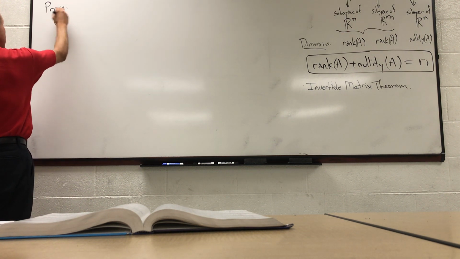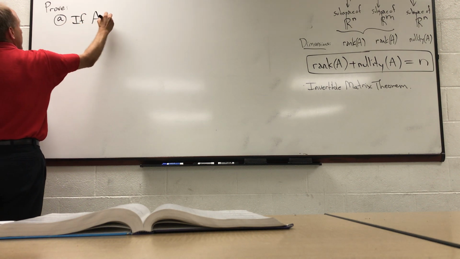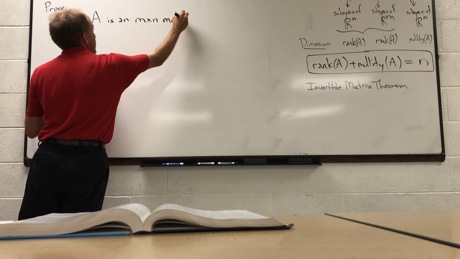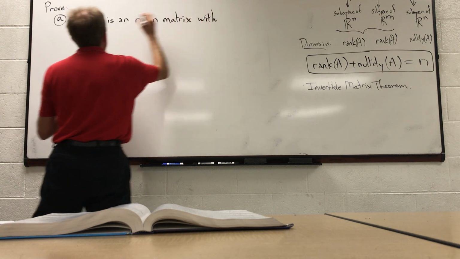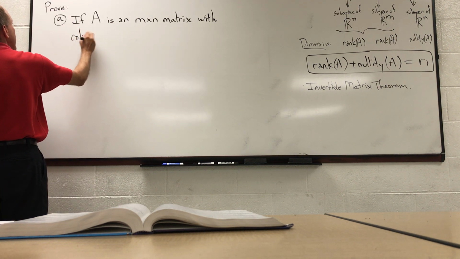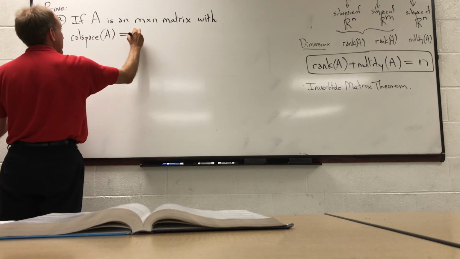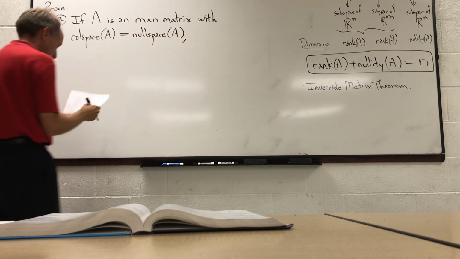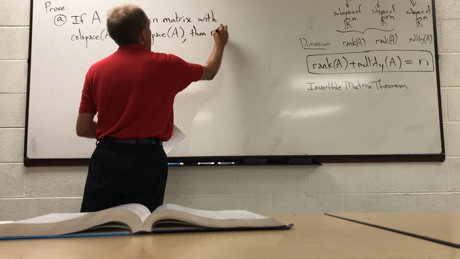So part A, if A is an m by n matrix with column space of A equal to the null space of A, right? Then m equals n.